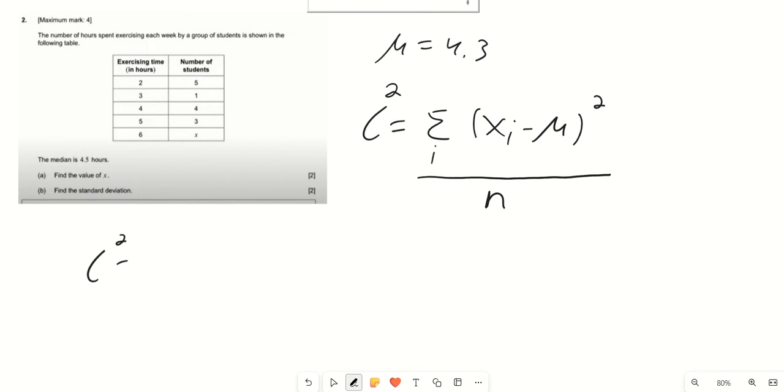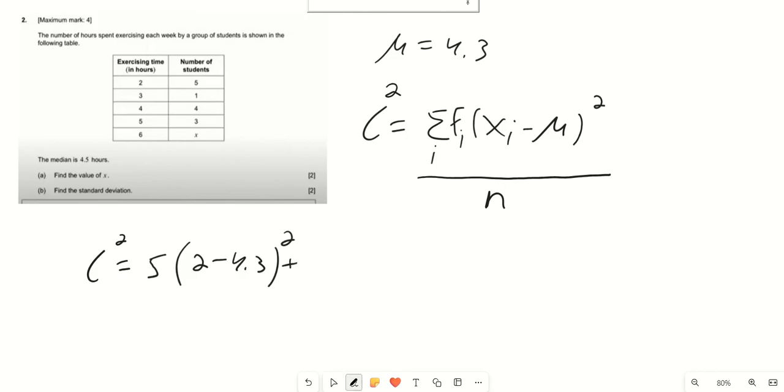So again, I'm going to go row by row in the table. I forgot here, sorry, also the value of fi, the number of students. So the first row we have 5 students times 2 hours they spent preparing minus mu, which is 4.3, squared.